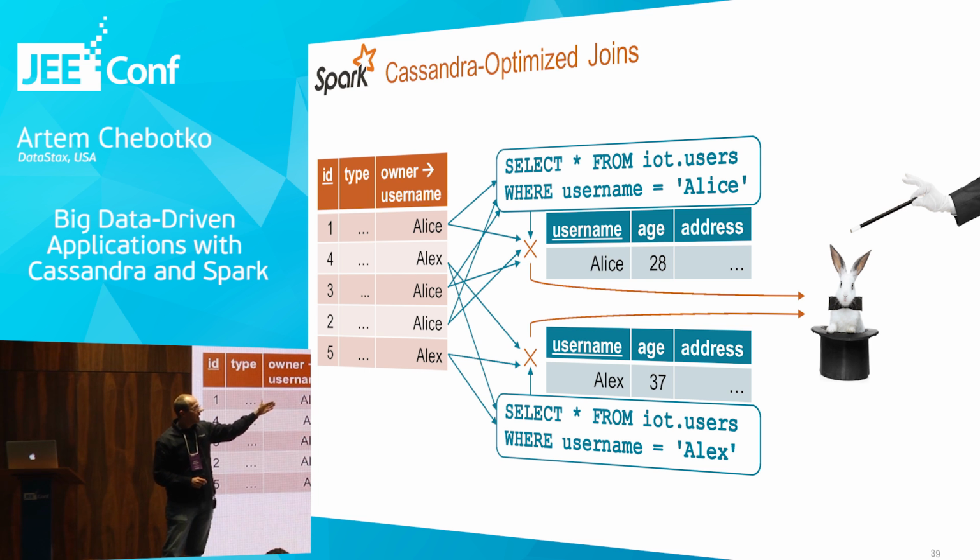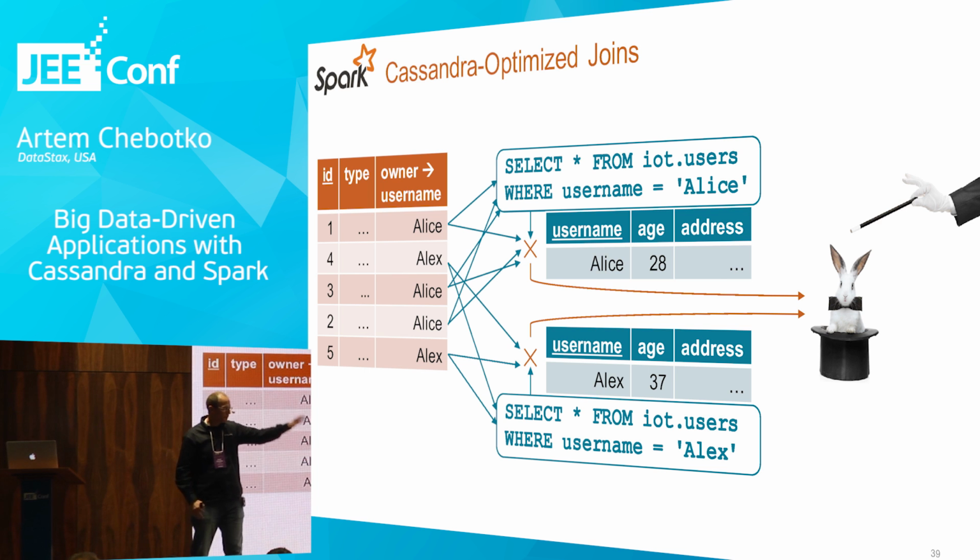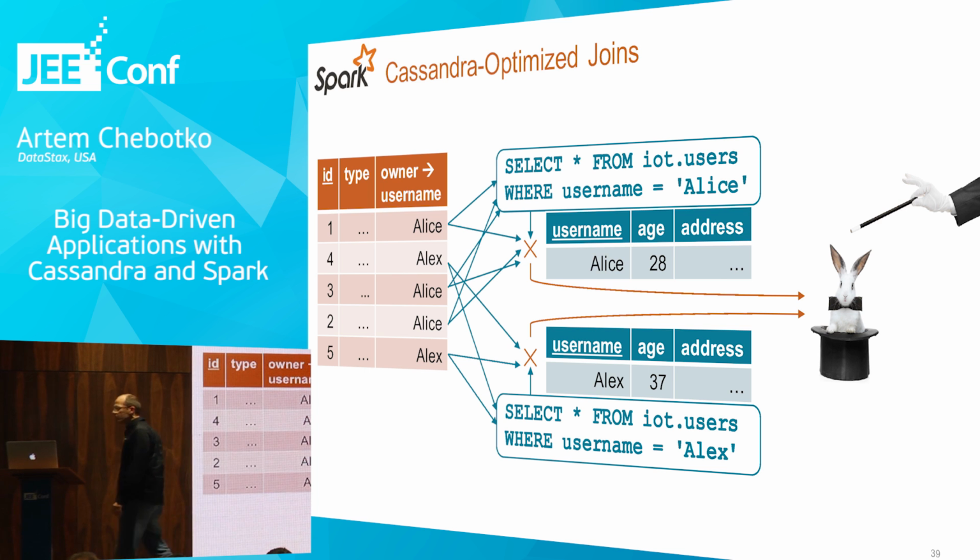So you're going to execute multiple queries for Alice and multiple queries for Alex to retrieve data, then do a Cartesian product in memory and return the result. So there is no data locality. The Alice row or partition can be on a different node from where this record in the RDD is located.